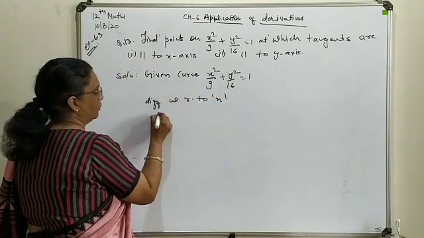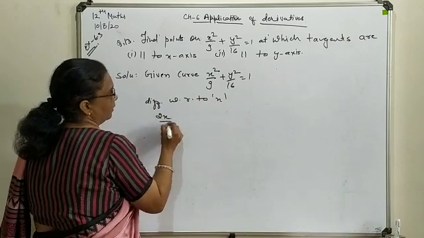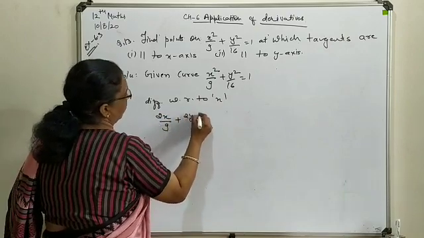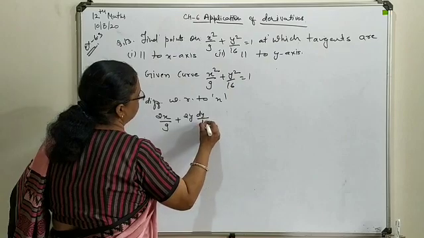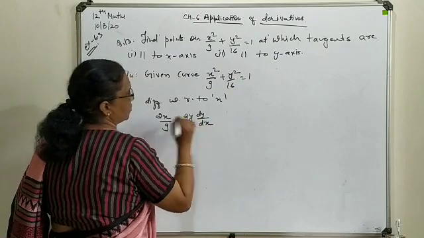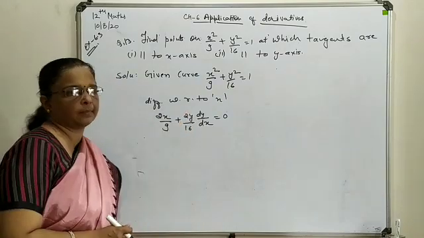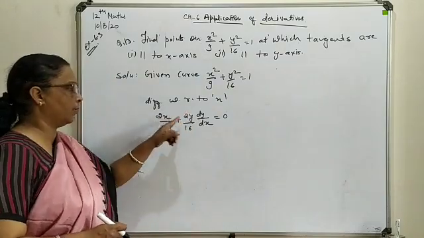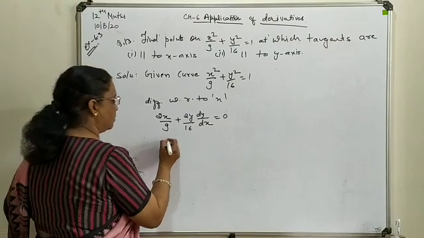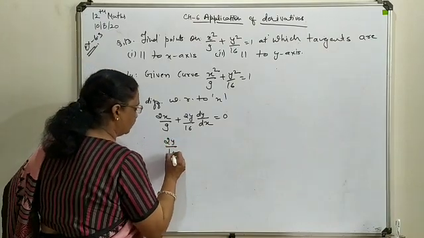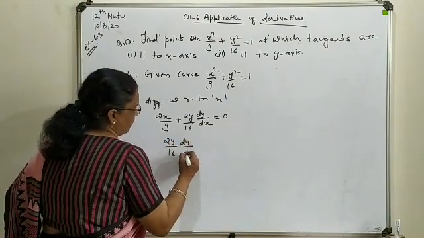So this will give you 2x upon 9 plus 2y, as we are dealing with the y term, dy by dx whole by 16. For 1 it will be 0. So from here you can make separation of dy by dx. From here the 2 you can avoid. So this is your 2y upon 16 dy by dx.